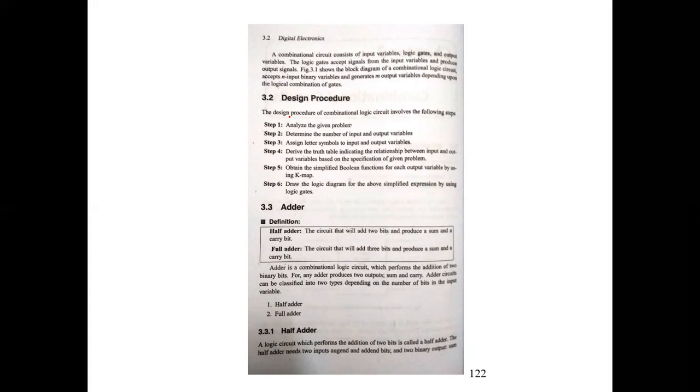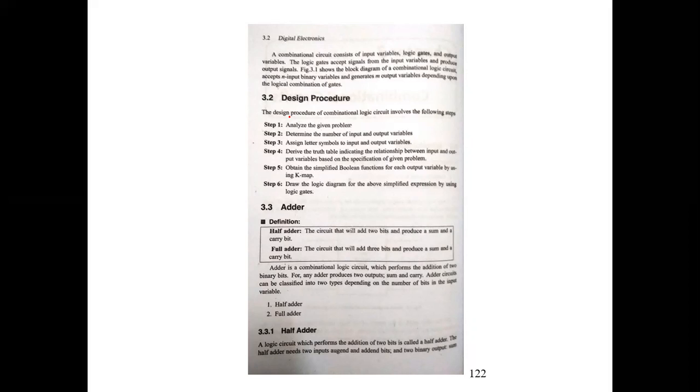Step two, determine the number of input and output variables. Step three, assign letter symbols to input and output variables. Assign letter symbols, that means A, B, C, D, or X, Y, Z, or P, Q, R, S, like that you have to define. Then derive the truth table indicating the relationship between input and output variables based on the specification of the given problem.